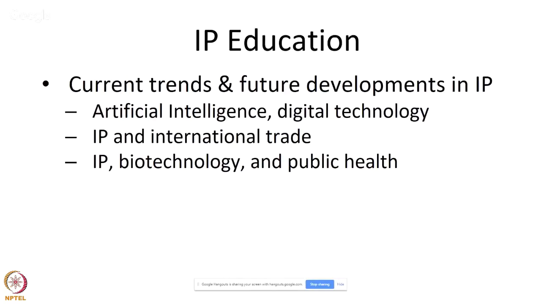Now, future developments in IP will be interesting to watch. Machine learning and artificial intelligence have themselves created certain new issues. Scholars have already started debating whether products of artificial intelligence, which are largely machine created, should also be granted IP protection.